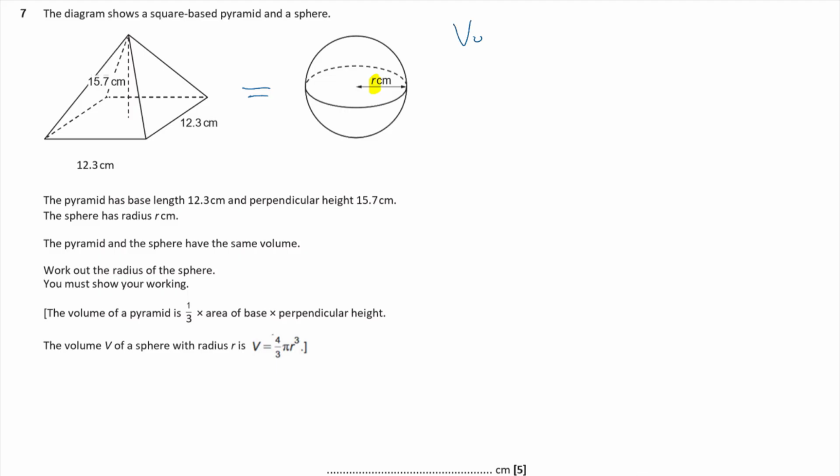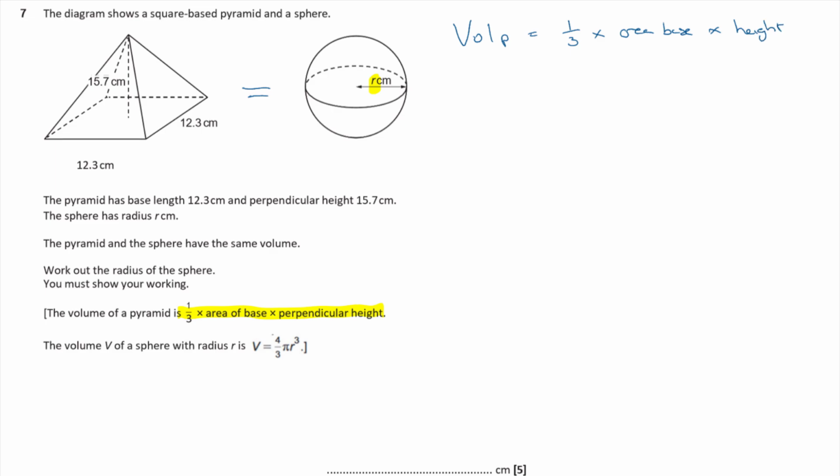So the volume of the pyramid is, what's that then? So the formula is down here. It's 1/3 times the area of the base times the perpendicular height. Okay, so 1/3 times area of the base times the height.